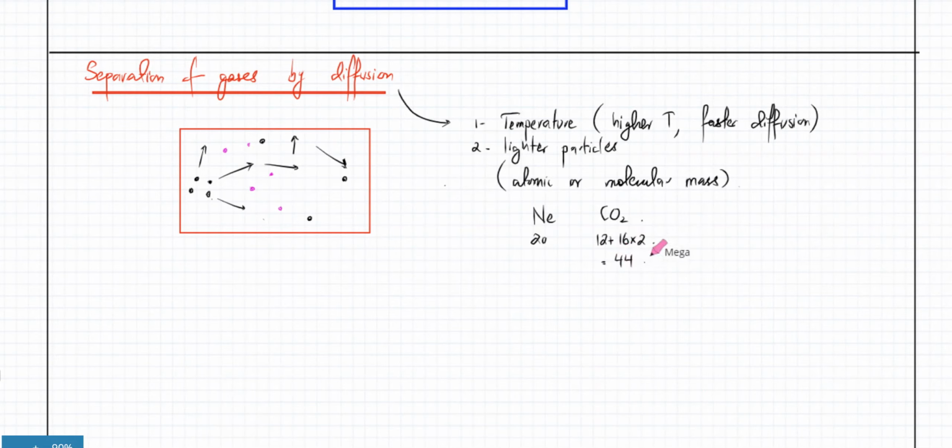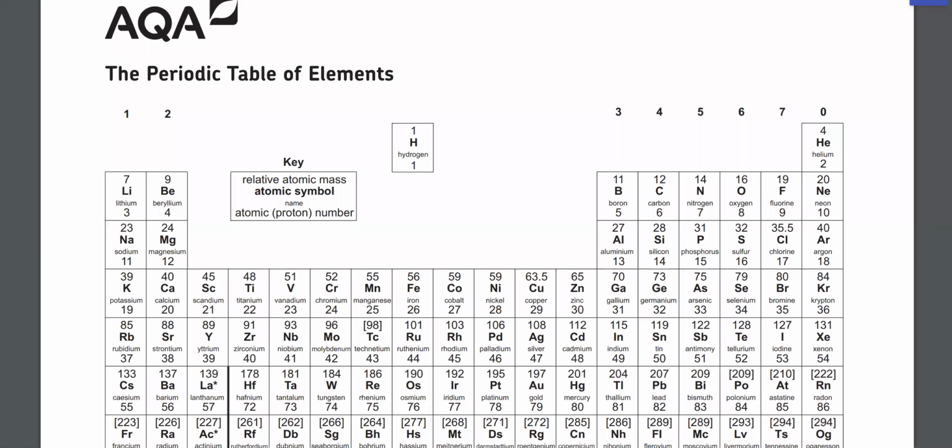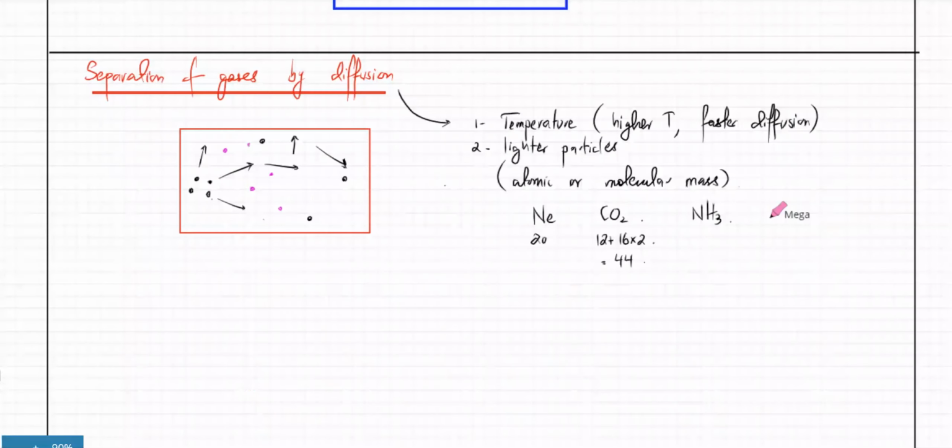So you've done this before. You know how to calculate the mass of any gas, whether it's NH3. Just have a look at N and H. N is 14 and H is 1. So it's going to be 14 plus 1 plus 1 plus 1, or there are three hydrogens, so that's 1 into 3. So it's going to be 17. Okay, so we did that.